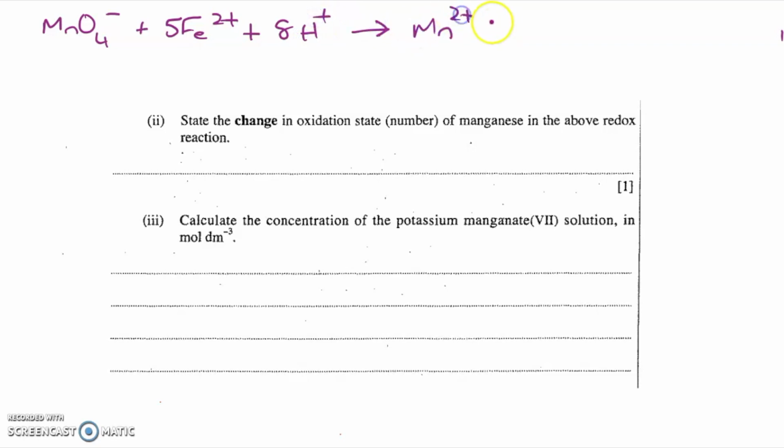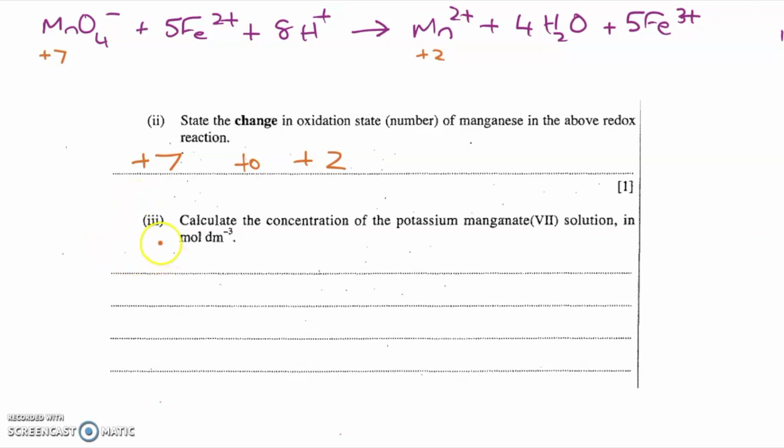So the overall equation would be MnO4 1- plus 5 Fe2+ plus 8H+ forms Mn2+ plus 4H2O plus 5 Fe3+. And the oxidation state here of manganese is +7 when it's MnO4 1- and +2 when it's Mn2+. So the oxidation state has changed from +7 to +2. If you said that, you get 1 mark.